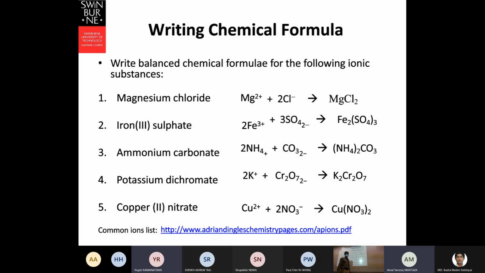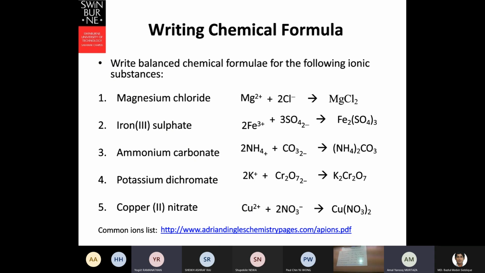Now here we see magnesium and 2 chloride. Why is it 2 chloride? Why 2 chlorine I have to add? Not chlorine actually, chloride.